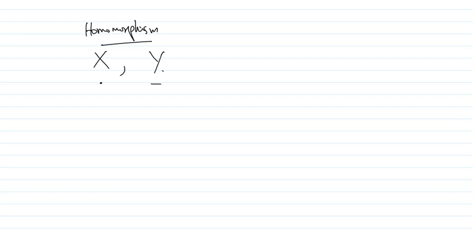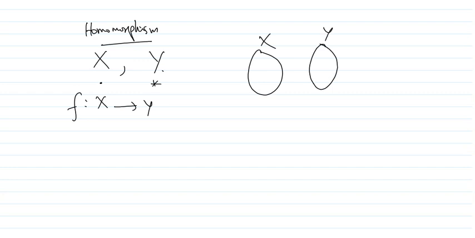So we consider a function f from x to y. So this is x, this is y, and from x to y there is a function. Here the elements are x1, x2, etc. Here also there are elements y1, y2, etc. This y is known as the image of x.